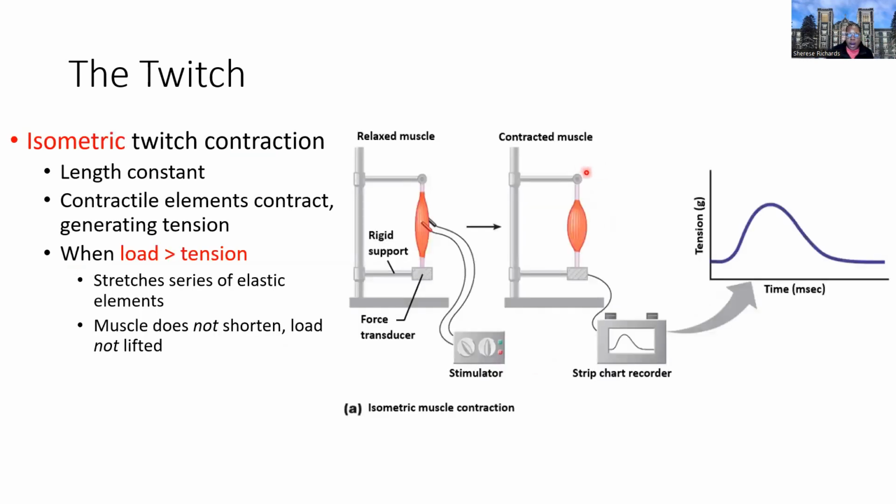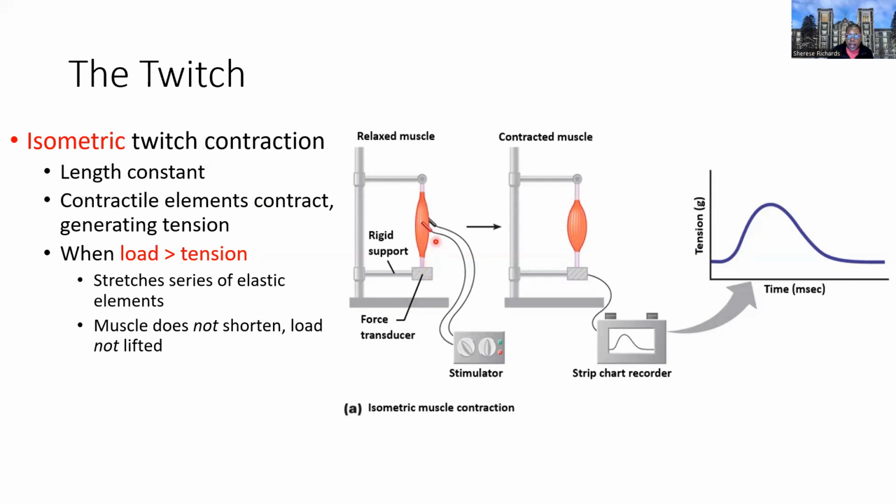All right, now on that basis and thinking about those terms, let's talk about the isometric twitch first. The isometric twitch or contraction is where the length is constant, right? The length of the muscle fiber remains the same. What is changing is the contractile elements, the non-contractile elements, or the series elastic elements. In other words, the tendons, all right?